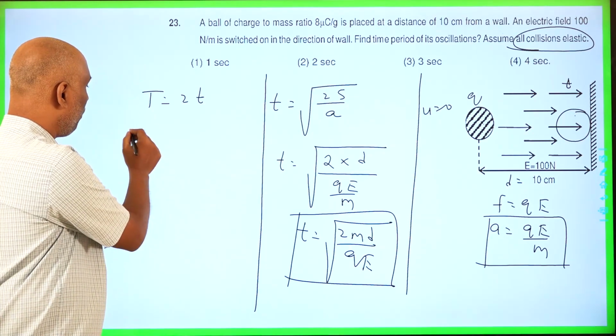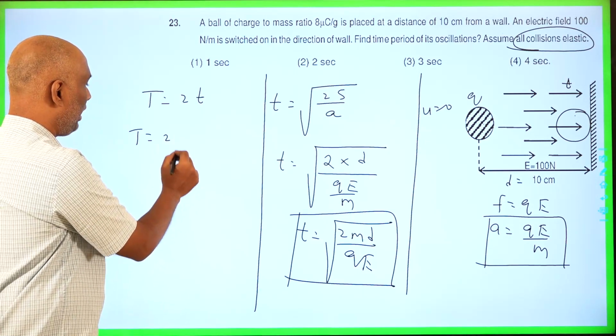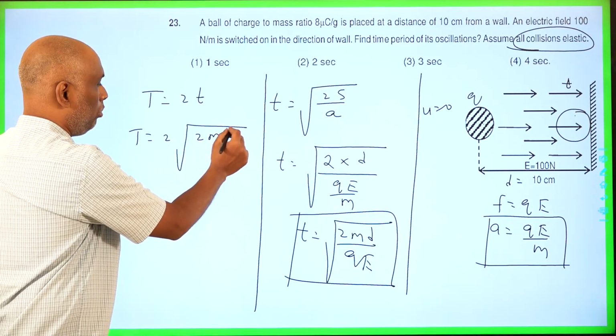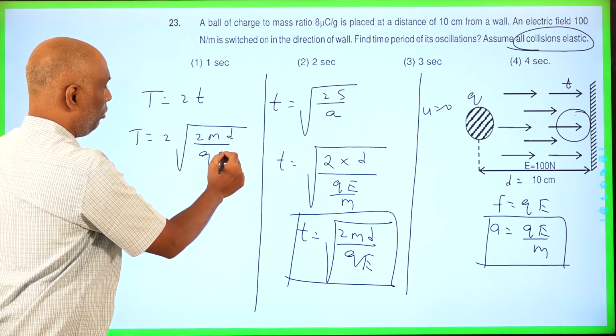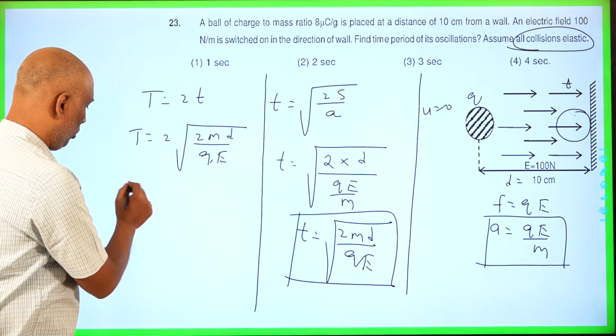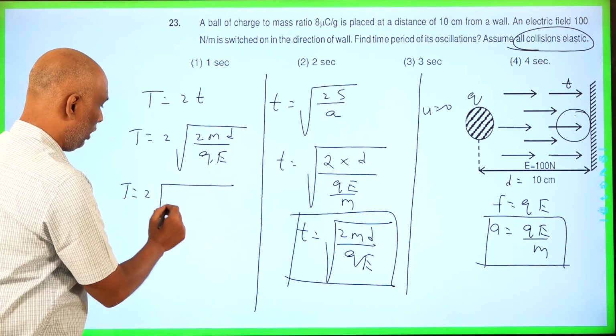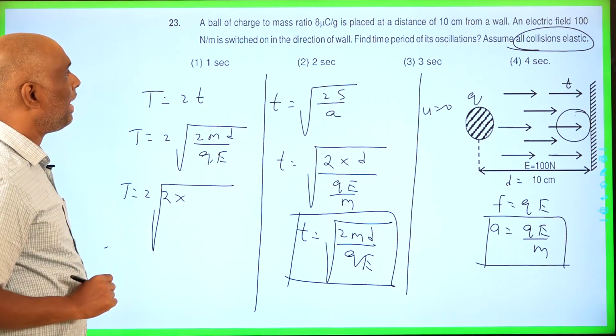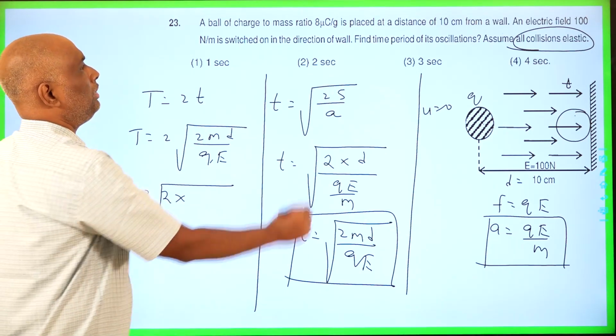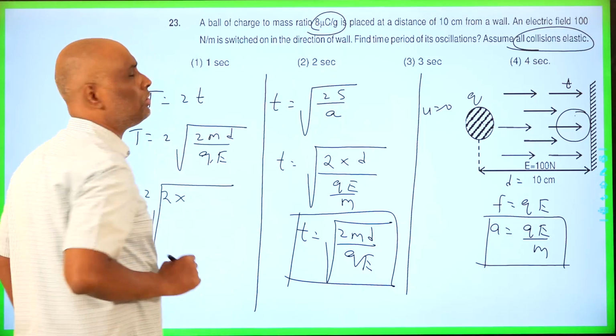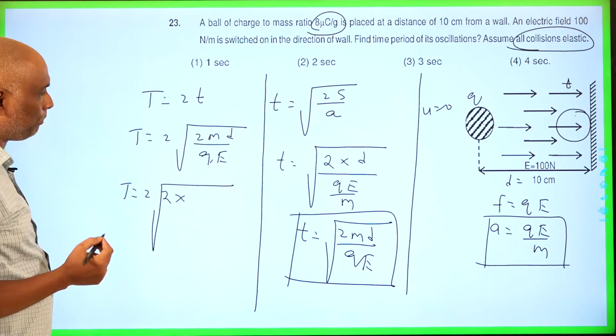So the total time period will become equal to 2 times the square root of 2md divided by qE. T equals 2 into the square root of 2 into the mass of the object, which is not given, but charge per unit mass is given, which is equal to 8 microcoulombs per gram.